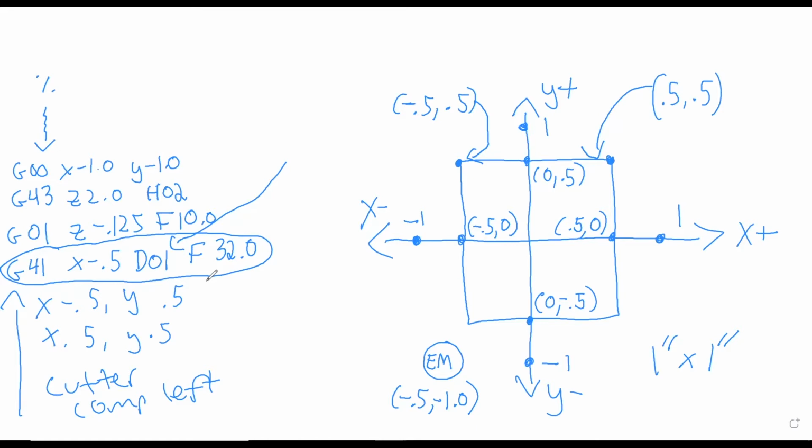So I move to my location down here on the bottom of our 1x1 square. And originally I started off at this location here, x -1, y -1. Well, in order to turn cutter compensation on, we need to do a line movement that is at least half of the cutter's diameter.